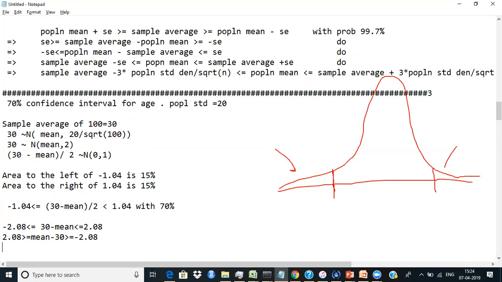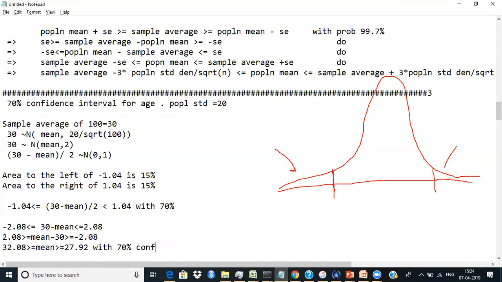Now I'll add 30. So this becomes 40.4 greater than or equal to mean greater than or equal to 19.6, with 70% confidence. So this is how you can calculate the confidence interval.